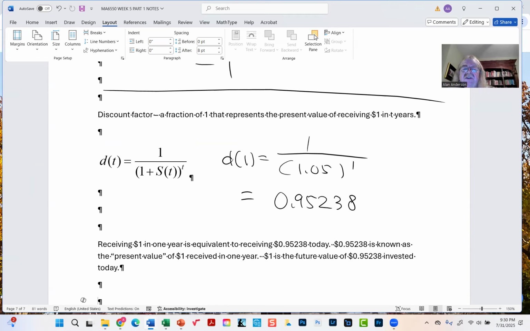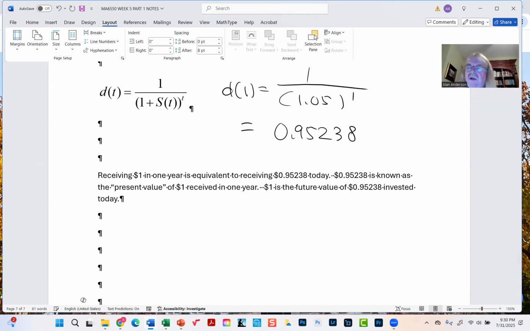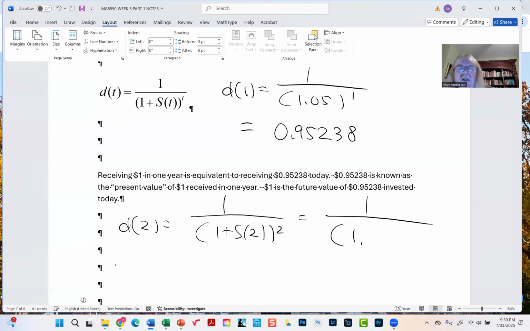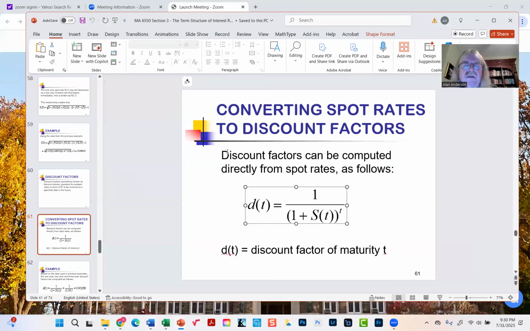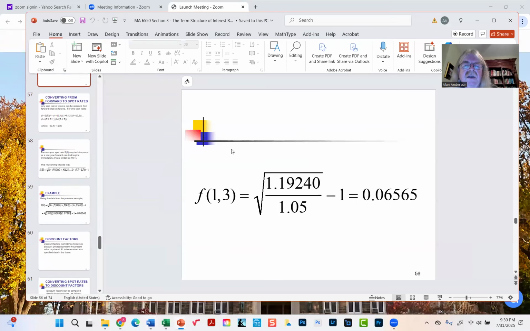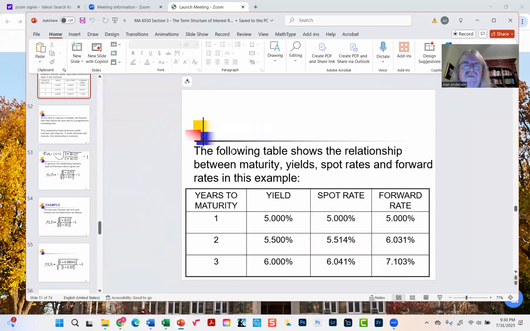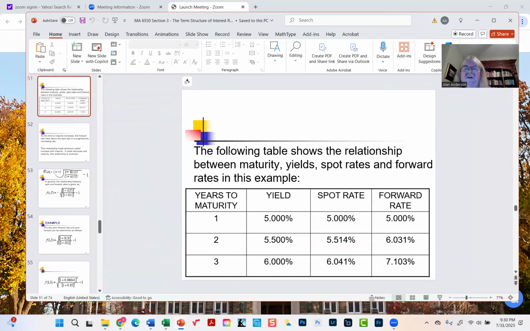Now, how about the D2? Now, keep in mind here, the dollar is being received in 2 years, so that reduces the value of this discount factor. So S2 is, once again, I have to go back and find it. Oh, there it is, 0.05514.